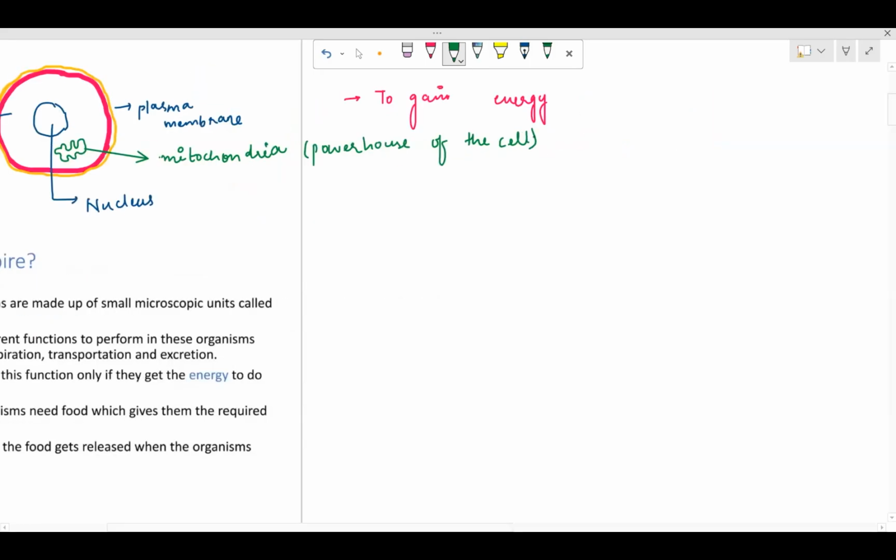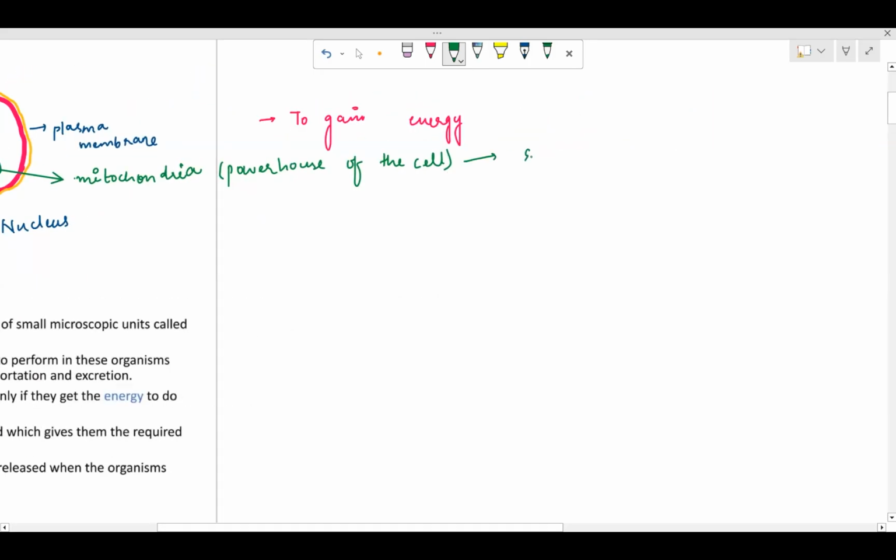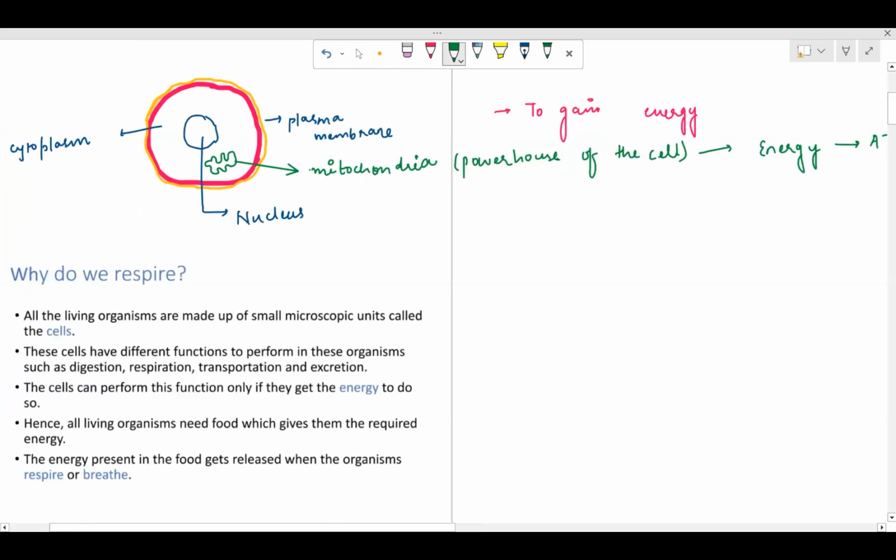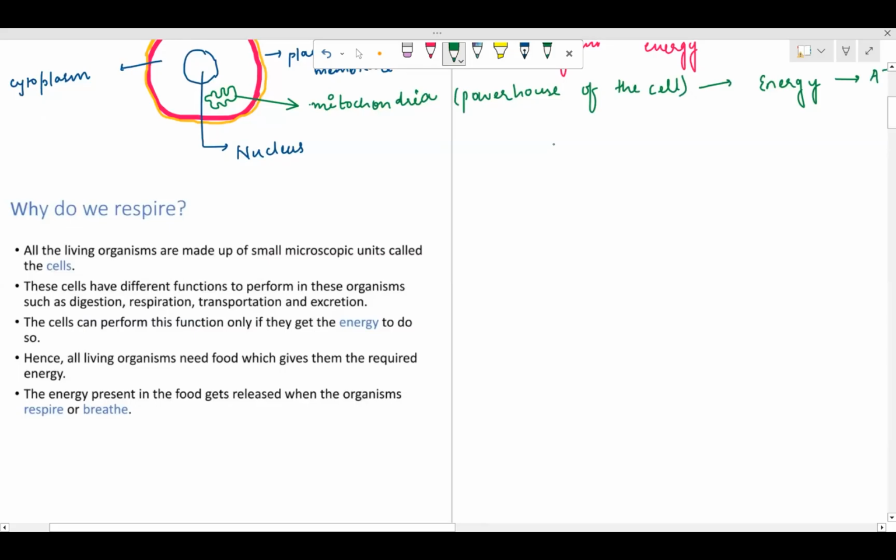Because there is the generation of energy which we get for work, in the form of adenosine triphosphate. And this is taken only by combining with the glucose during aerobic respiration.